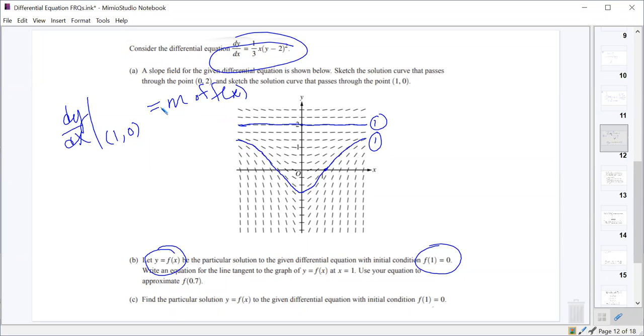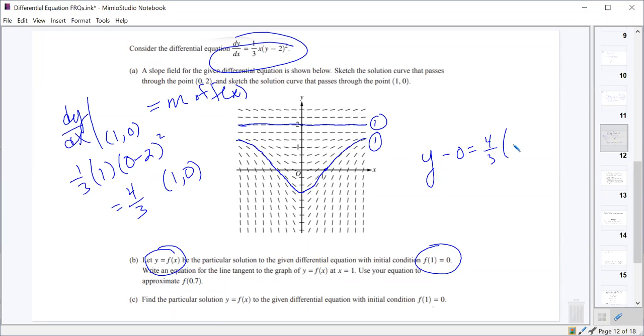And so we'll just plug in 1, 0 into here. 1/3 of 1 times 0 minus 2 squared gives us 4/3. So we have a slope of 4/3. And the point is the point 1, 0. So in point slope form, y minus 0 equals 4/3 times x minus 1.